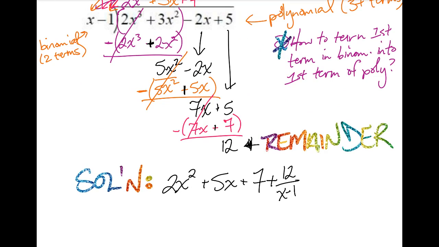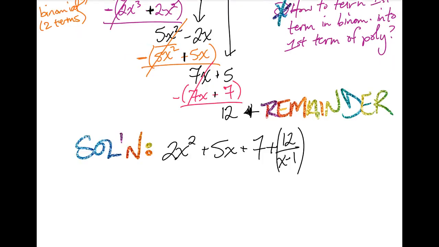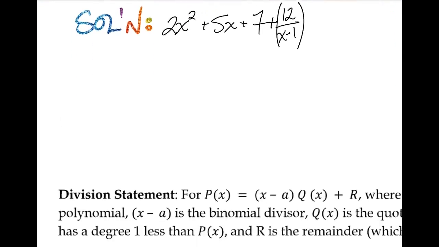X minus 1. So that would be my final solution. Okay, so again, always trying to turn your first term into the first term of the binomial underneath your division sign, and then your remainder is always written as a fraction over what you were dividing by.